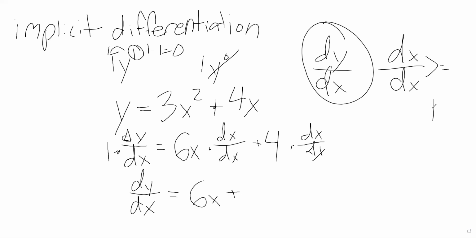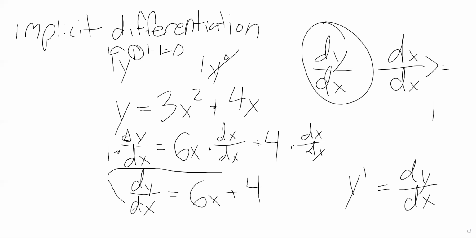That's 4 times 1, it's just 4. So we got the same answer that we did before when we did it explicitly, because remember that y prime is the equivalent of dy over dx. They both mean the derivative, so the derivative is 6x plus 4 for this equation.